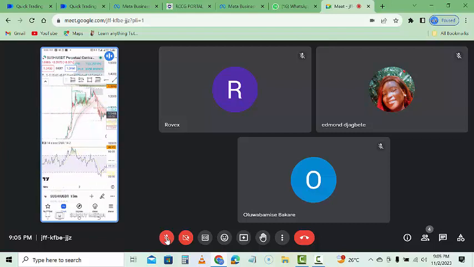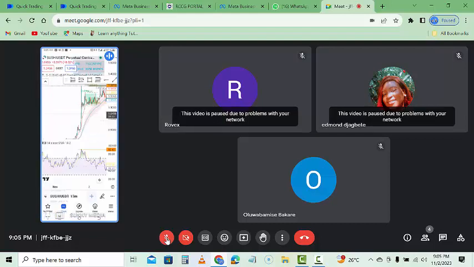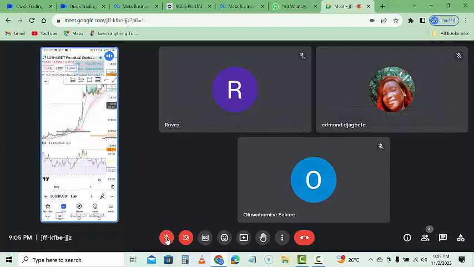RSI is the relative strength index. To add it to your chart, you just need to go to TradingView, click on indicators, click this cross down here. That's if you're using the app. If you're using web, all those things should be showing at your left hand side.